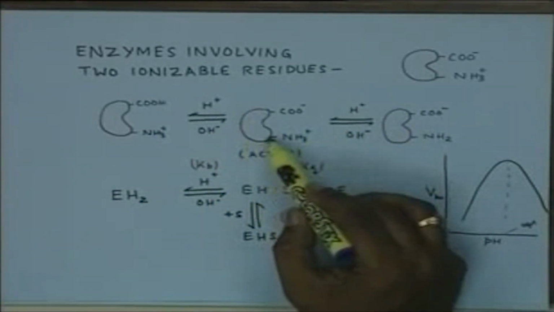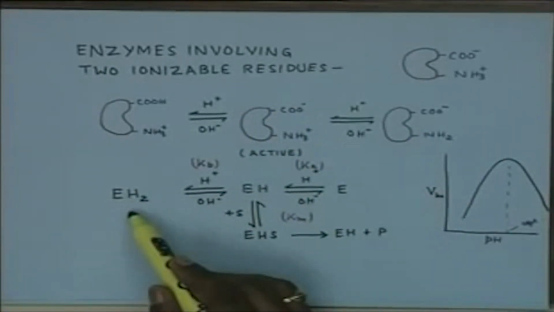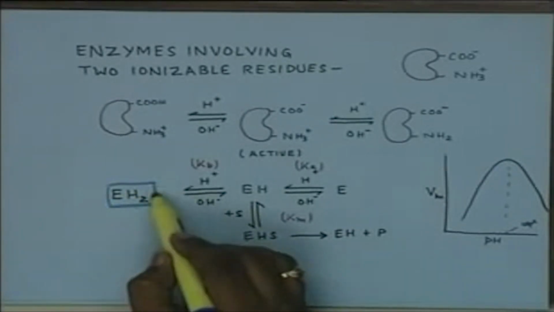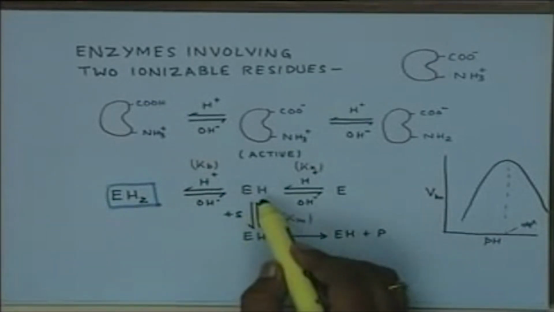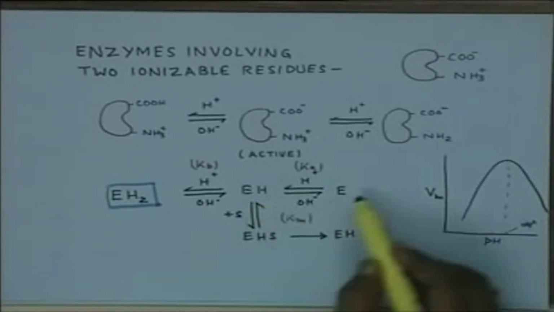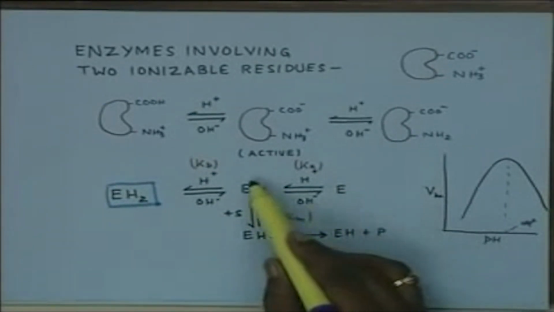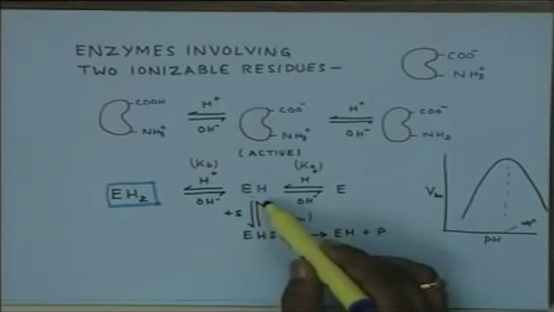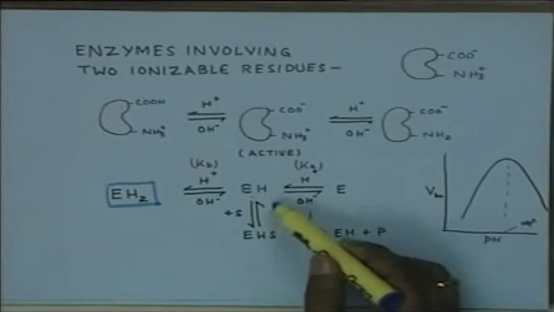You can also predict that the left-hand form of the enzyme, ES2, is a more reduced form than the EH, and EH is more reduced than E, and EH is the form which is catalytically active, that means which binds to the substrate S and forms the product.